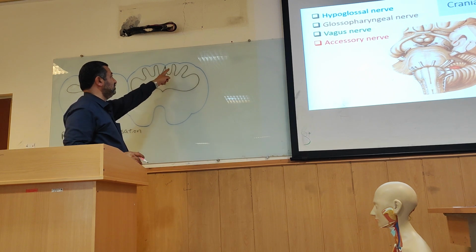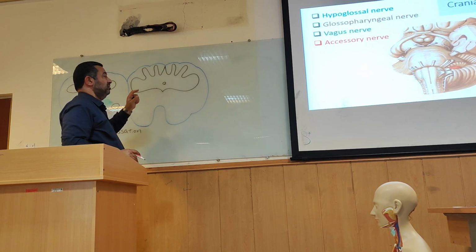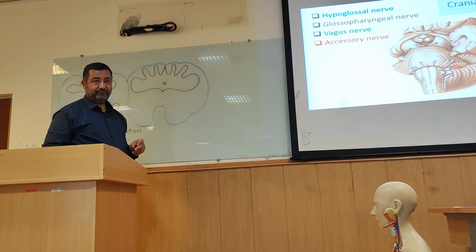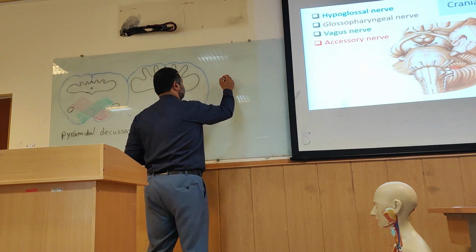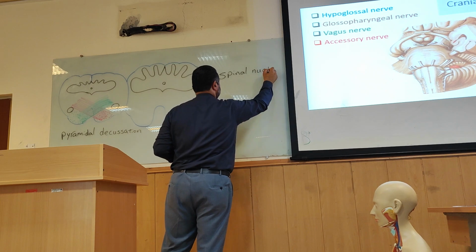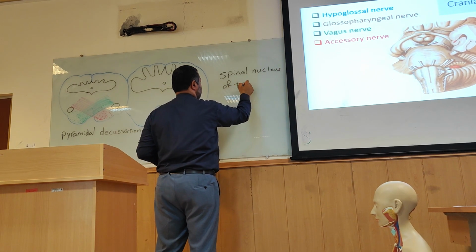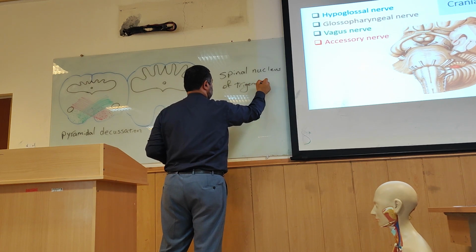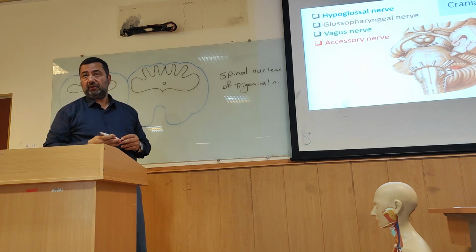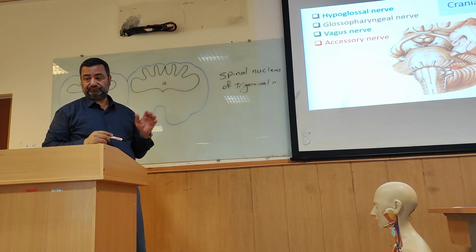This is nucleus gracilis, this is nucleus cuneatus, and this one is the spinal nucleus of the trigeminal nerve. Okay? Is it clear? Yes.